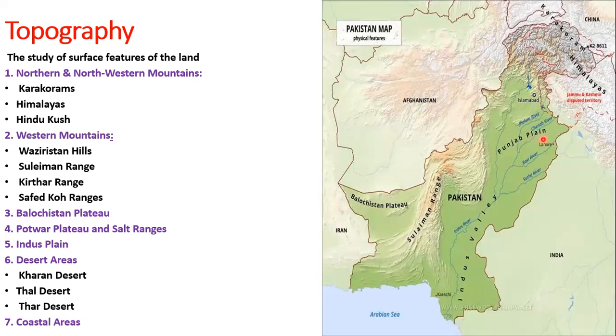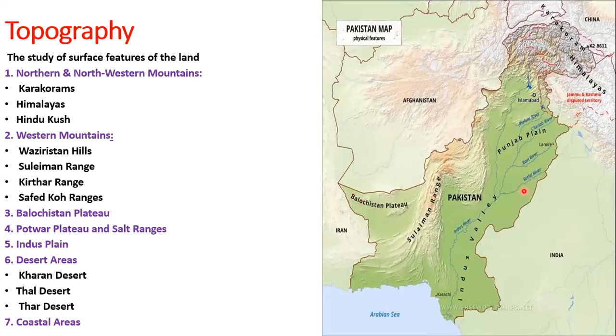The Potwar Plateau is quite lush green and does have resources, but the volume of resources is not as much as in the Balochistan Plateau. Then the plains, clear? Plains are leveled land where agriculture, residence, and transport are easily maintained and manageable.